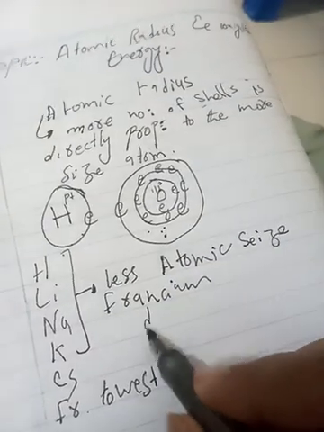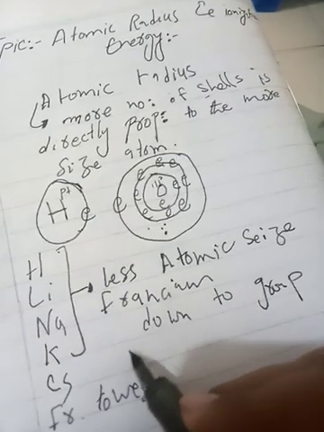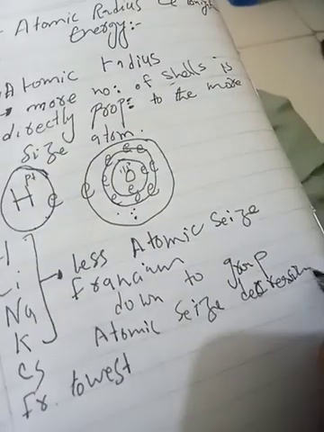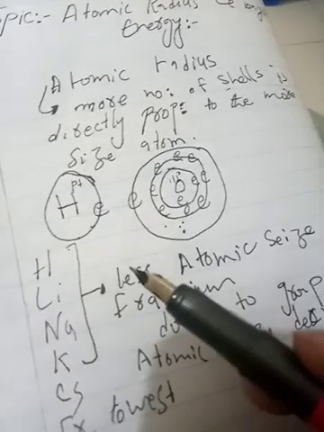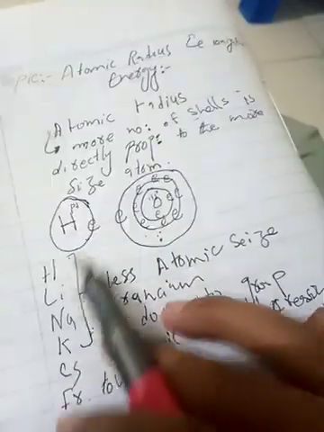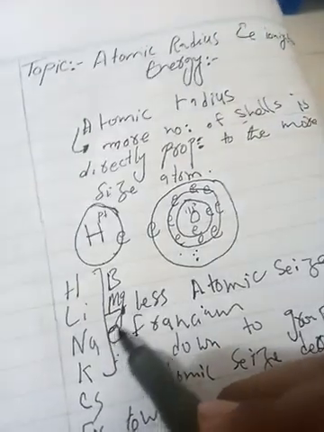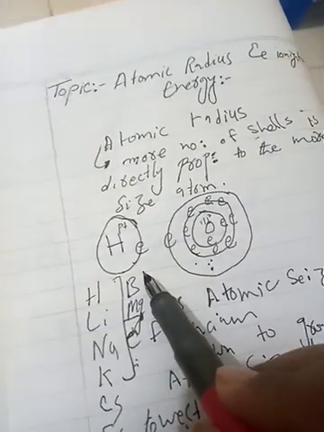And if we move to the second group, for example boron, magnesium, and something like carbon, I don't remember, then in this group we will have a smaller atomic size than the first group.